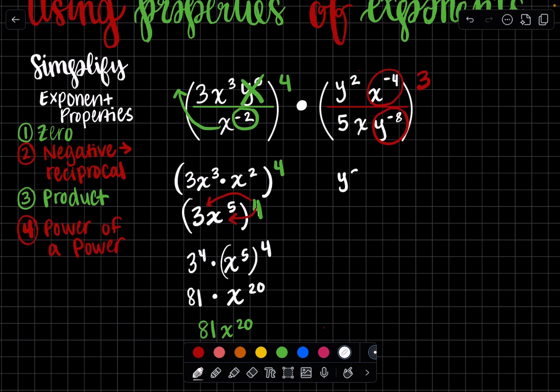If I have y to the power of 2, I must move y to the power of 8 up to my numerator to get rid of that negative exponent. This turns into y to the power of 2 times y to the power of 8. I keep 5 in my denominator, I keep this x, but now I need to multiply this times x to the power of 4.